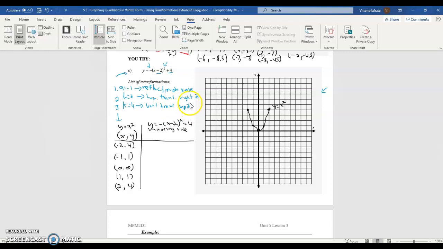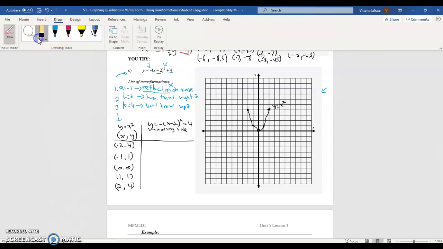And so what I want you to get is that reflections, compressions, and stretching affect our x value. Or rather, I should say, let me erase that, because I misspoke.